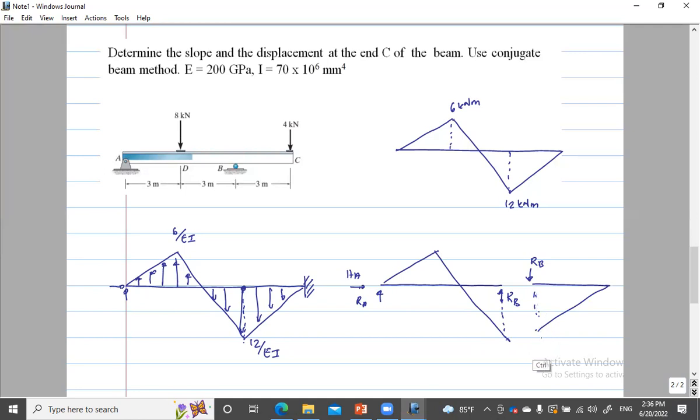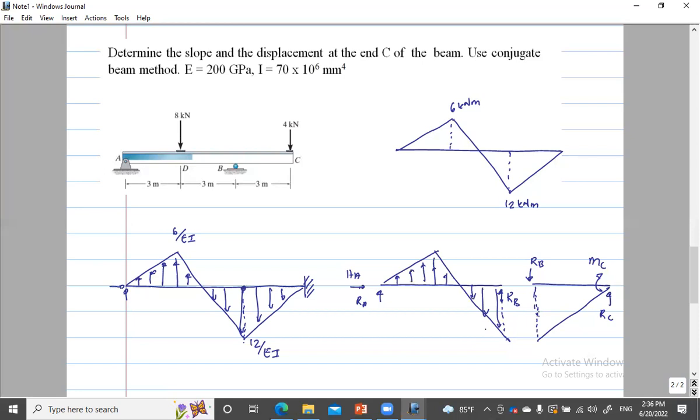Here there is RC, MC. So without finding RB, we can't solve the other side, because the other side has its own load, but then there's the RB acting on that one.